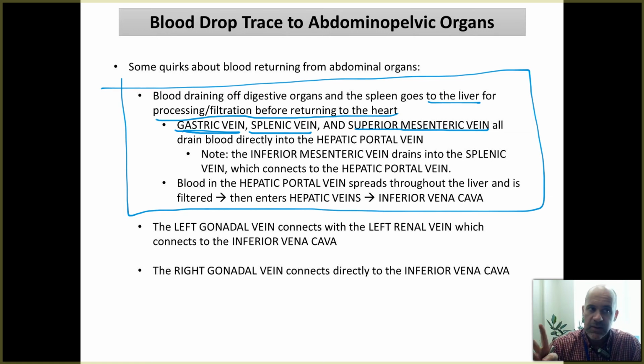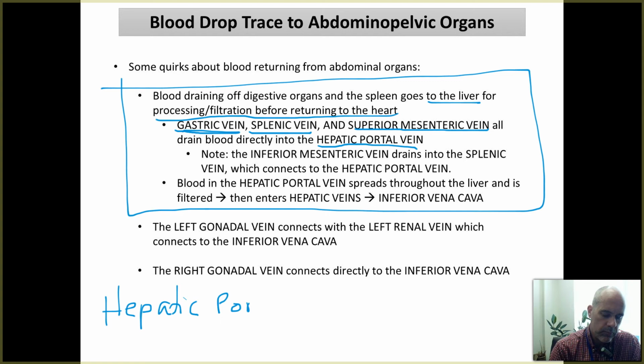Those three veins all connect into a special vein called the hepatic portal vein. Okay, and the hepatic portal vein takes this deoxygenated blood into the liver for filtration.